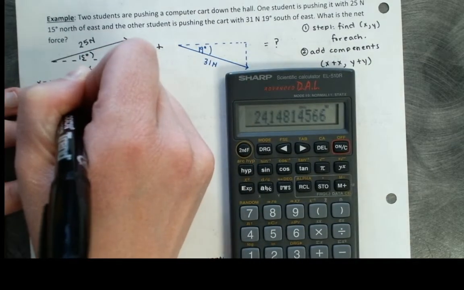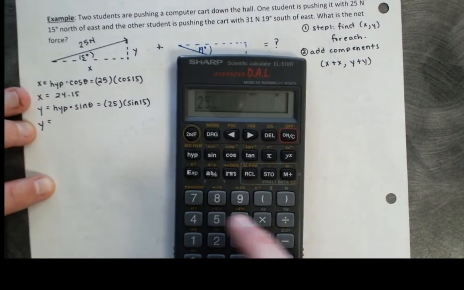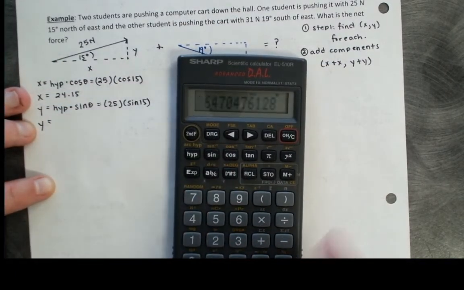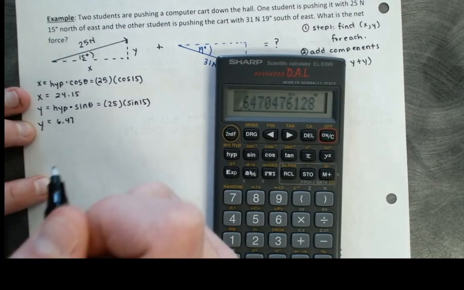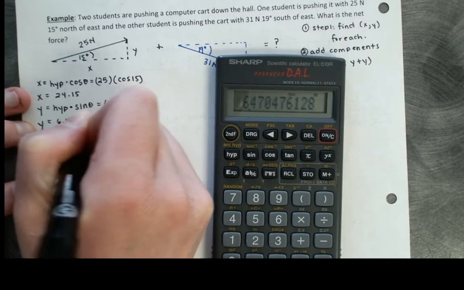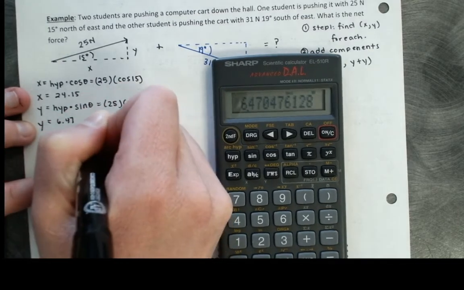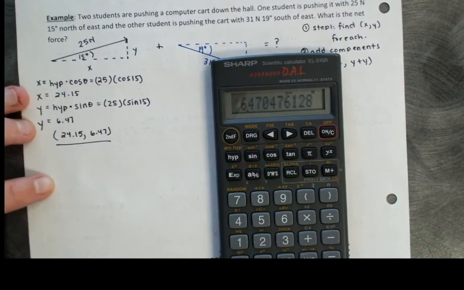Actually, let's go to 2 decimals, 24.15. For y, 25 times sine of 15 gives us 6.47. Our x is right, so that's positive. Our y is up, that is also positive. Those are the components for this vector.